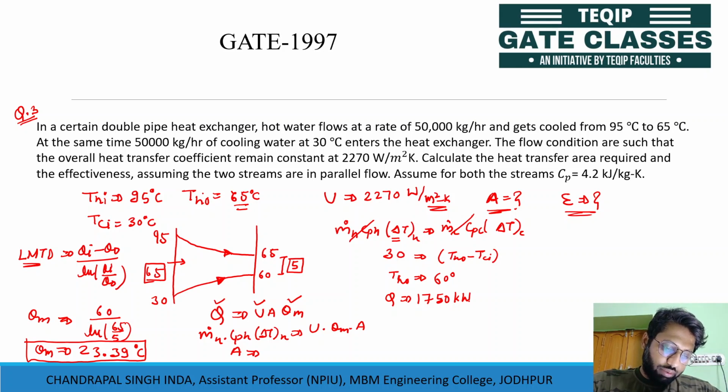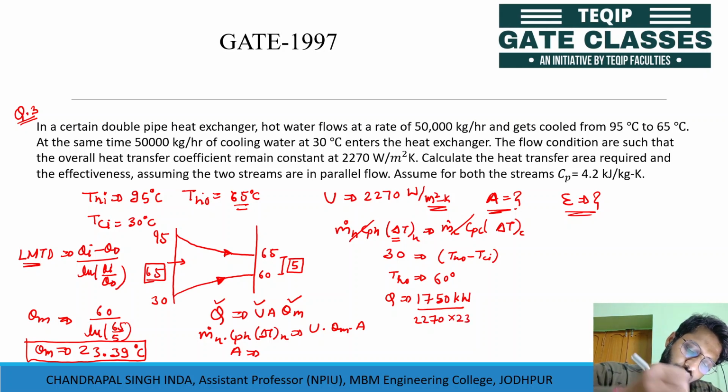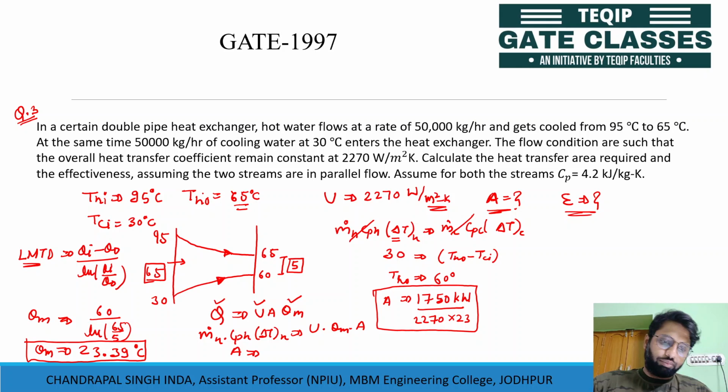So the area will be equal to this divided by 2270 and 23.39.